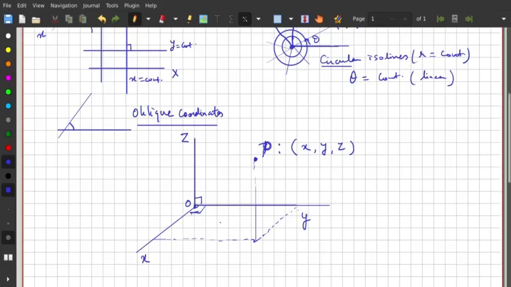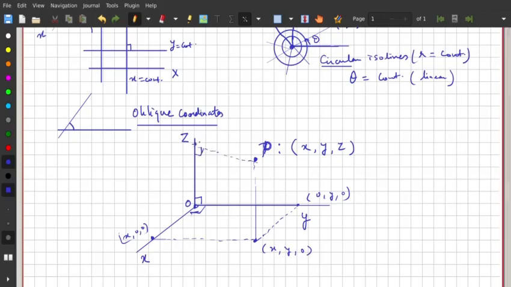These coordinates are x comma 0 comma 0. This is 0 comma y comma 0. If you see here, this is x comma y comma 0, and similarly, if you draw, this is 90 degrees.